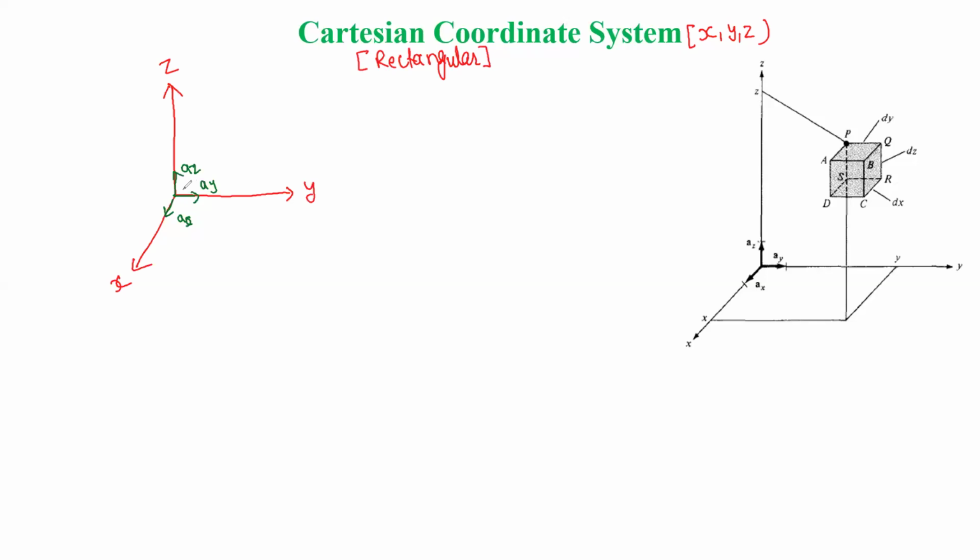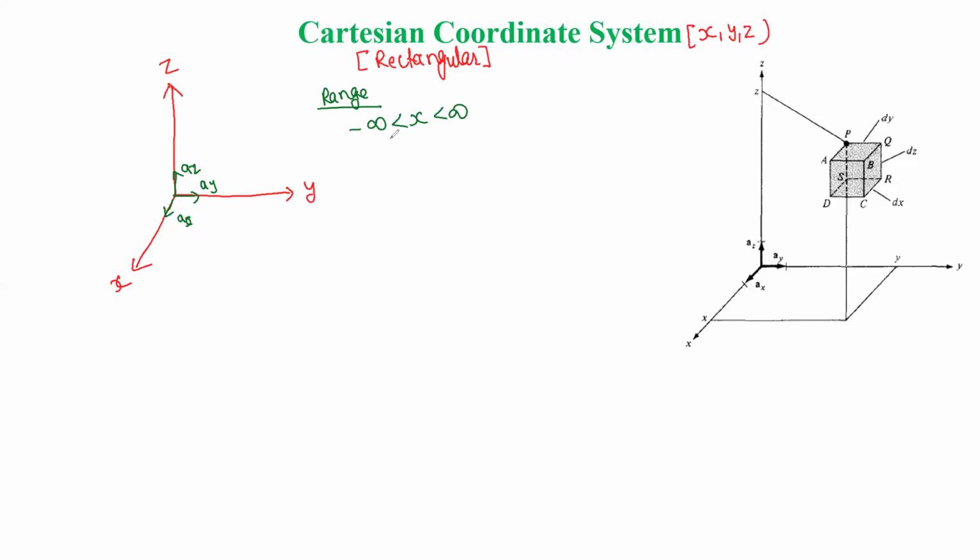So here, what can be the range of these parameters x, y, and z? If x is going to be elongated both sides, then the range for x is going to be minus infinity to plus infinity. Similarly, you can tell me what will be the range of y.